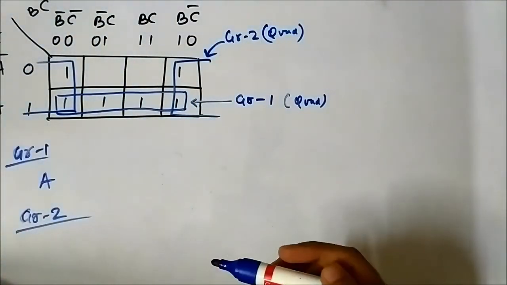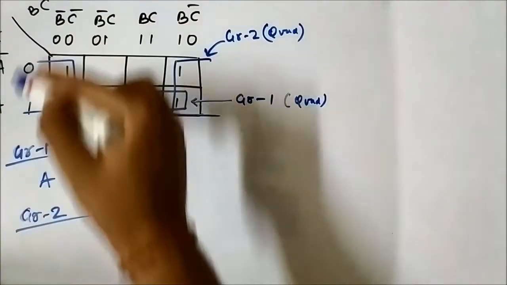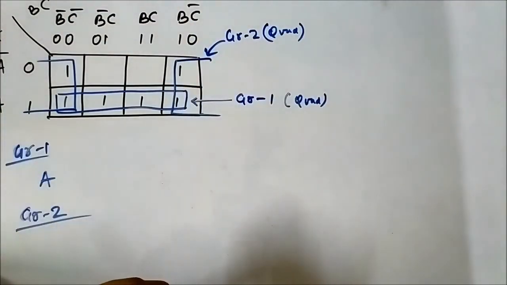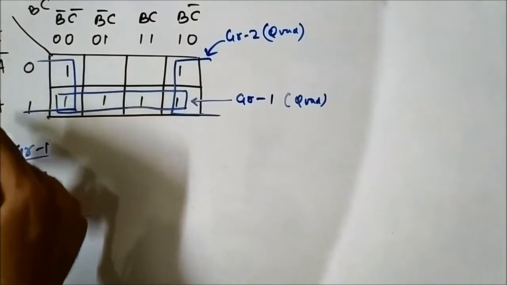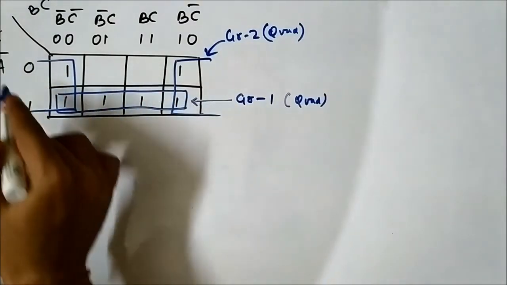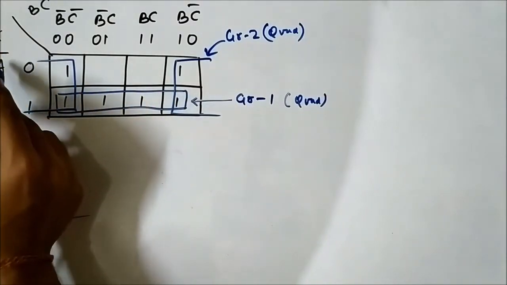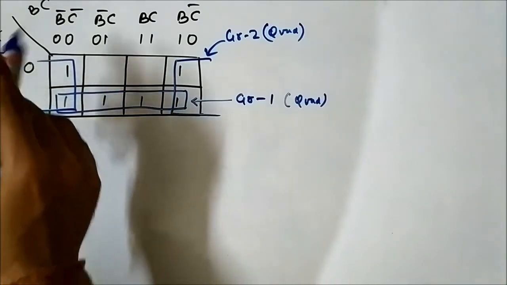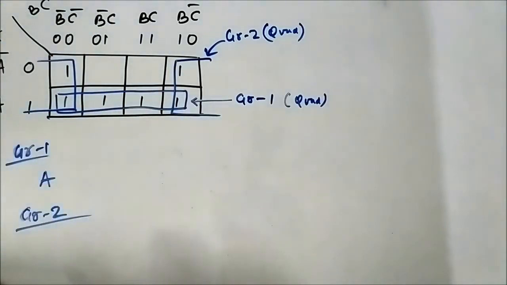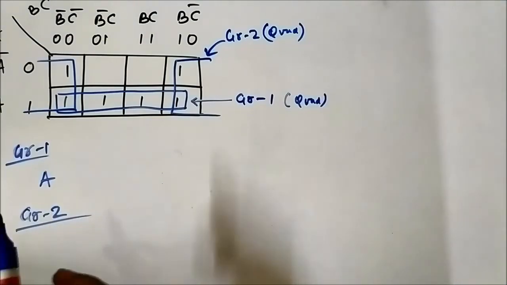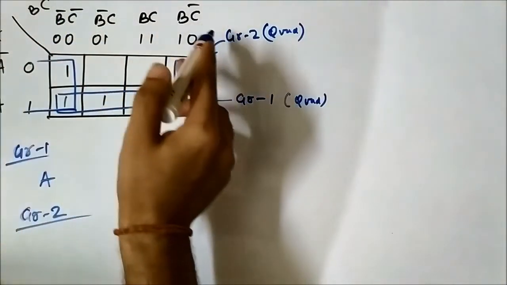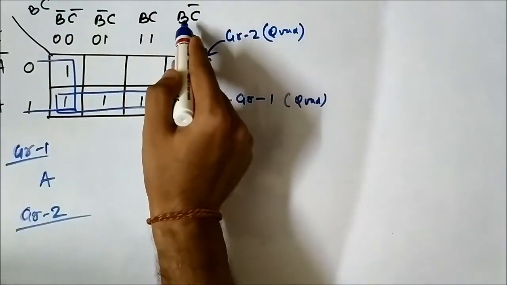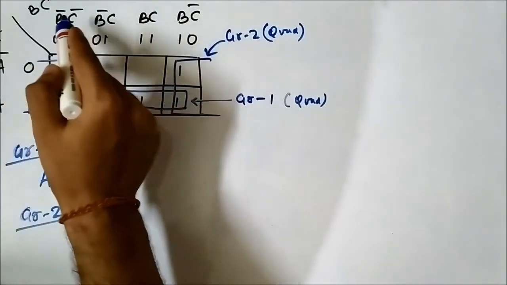So if you try to find common variables, in the horizontal section there is no common thing, because here it is A complement or A bar, here it is A. So nothing is common in terms of horizontal component. But when it comes to the vertical, here it is B bar C bar, here it is BC bar.